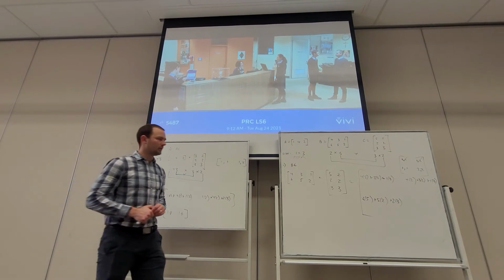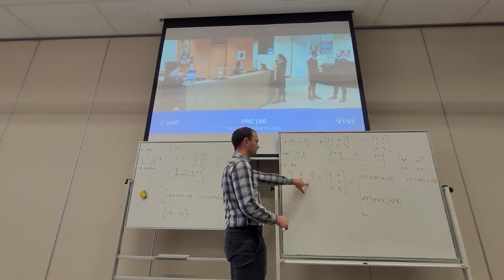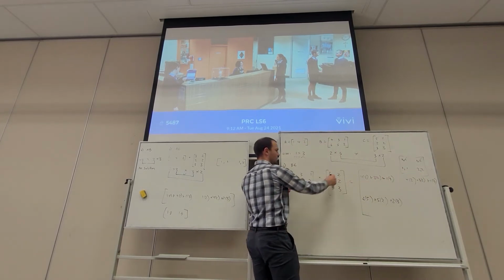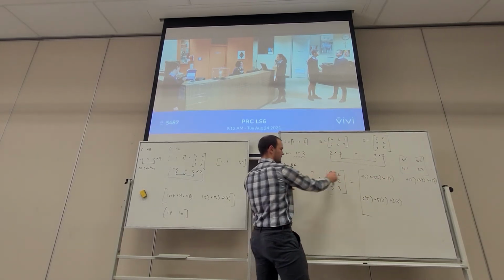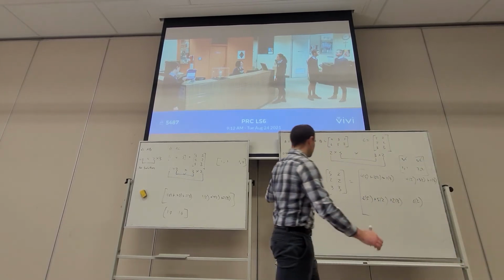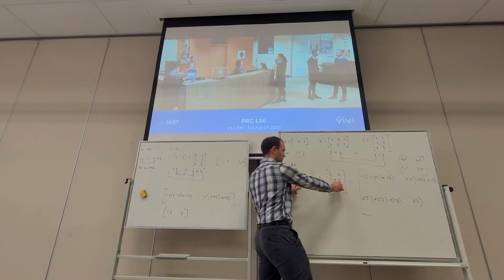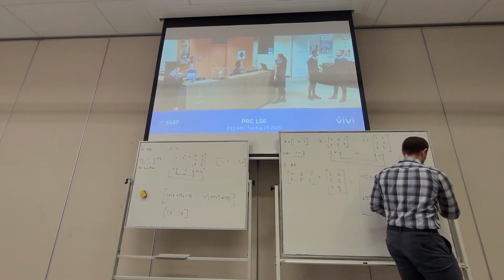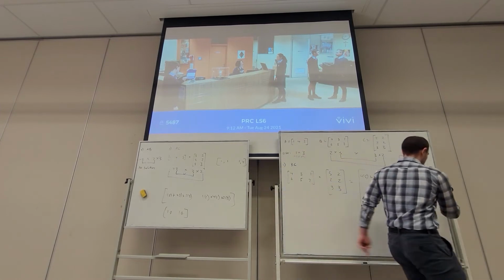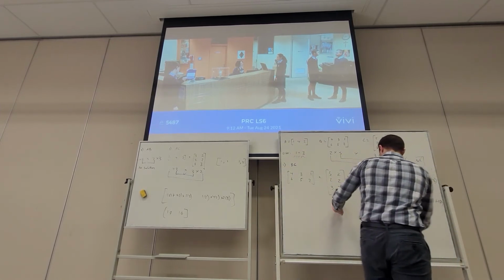Okay, and then for the last, we're doing the second row times the second column. So we've got 6 times 2, plus 5 times 2, plus 2 times 3. Okay, and let's simplify that.